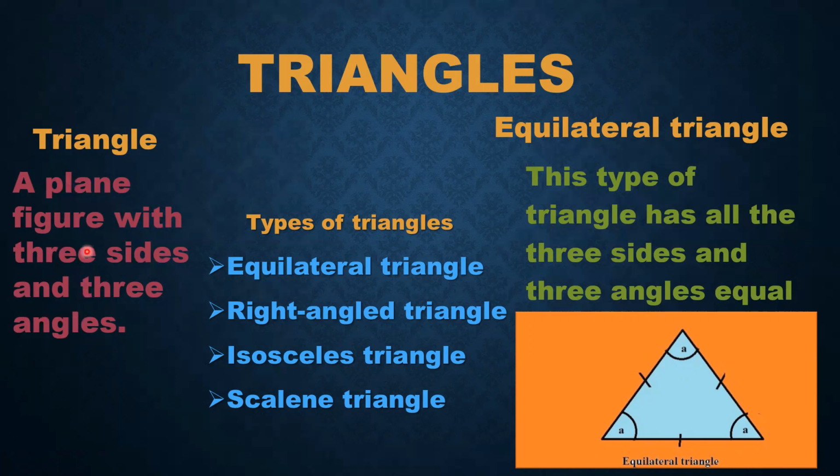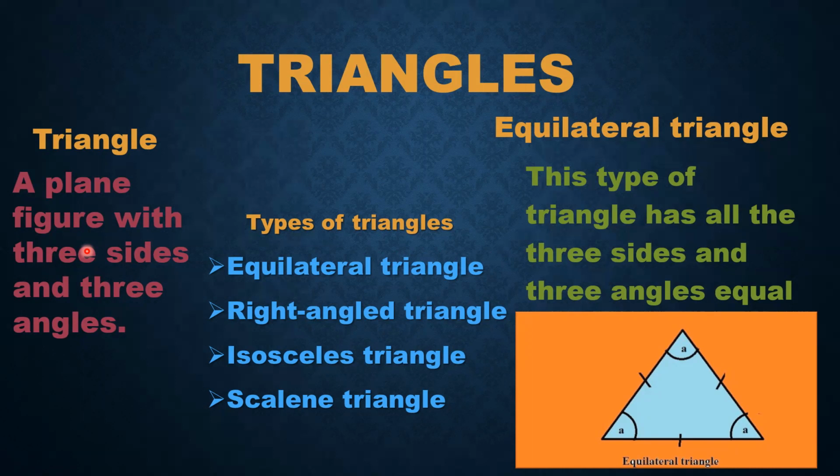So when you have a plane figure which has 3 sides and 3 angles, we call it a triangle. Let's see the types of triangles that you're going to talk about under this indicator. Today we will talk about equilateral triangle, right angle triangle, isosceles triangle, and scalene triangle.